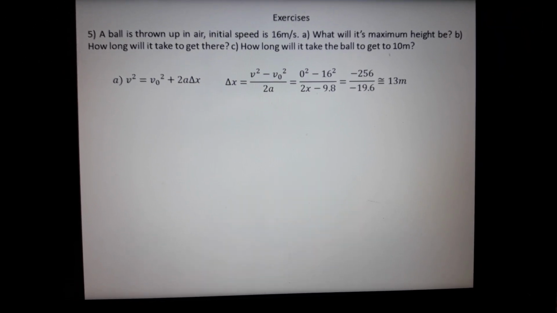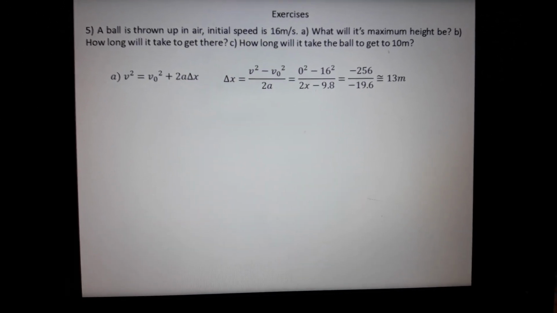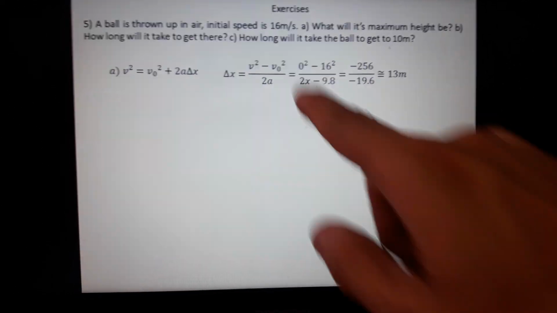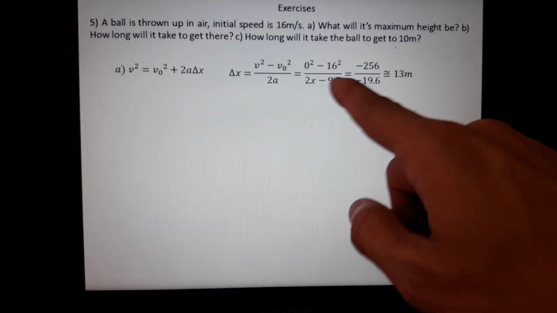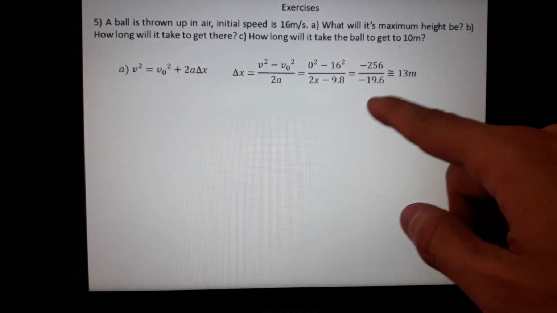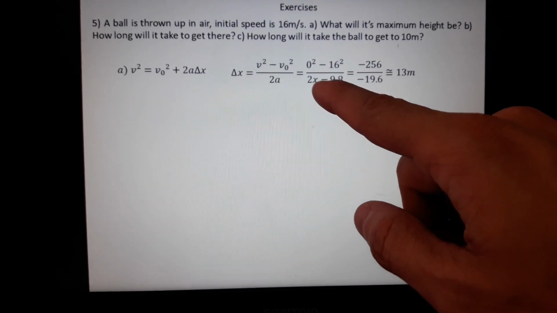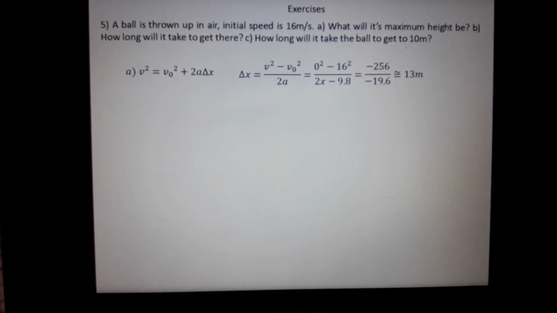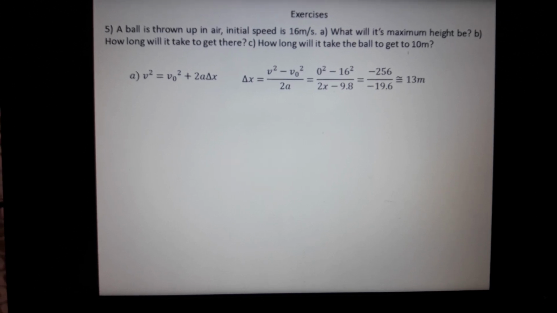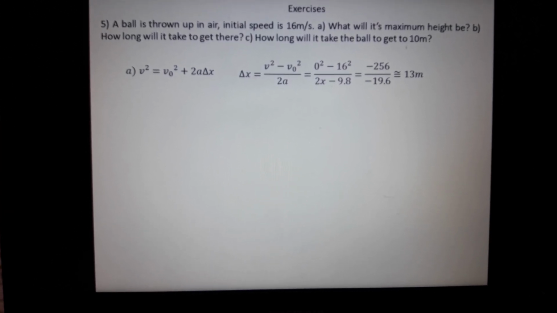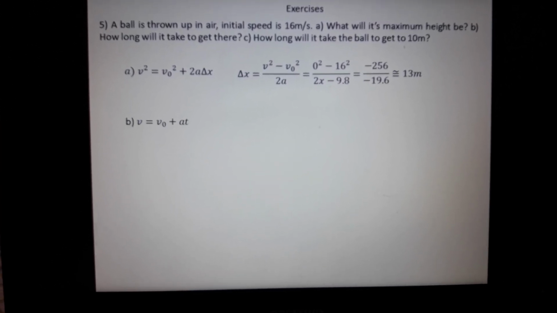This ball will stop and then fall again. We have the initial velocity and 2 times minus 9.8, and we have almost 13 meters.